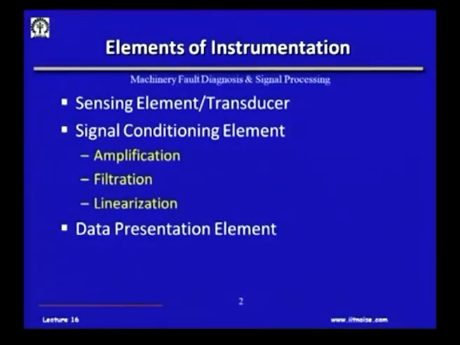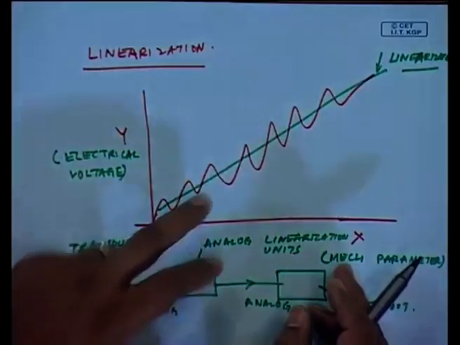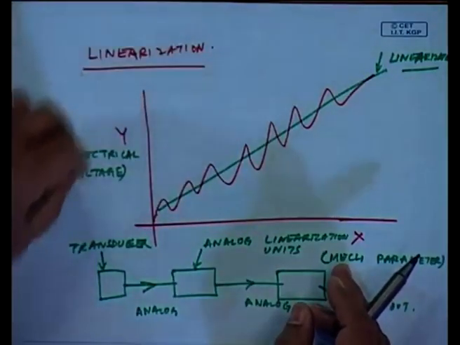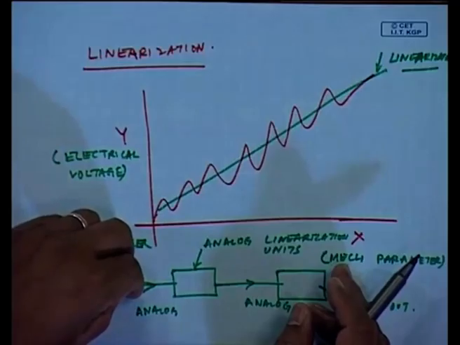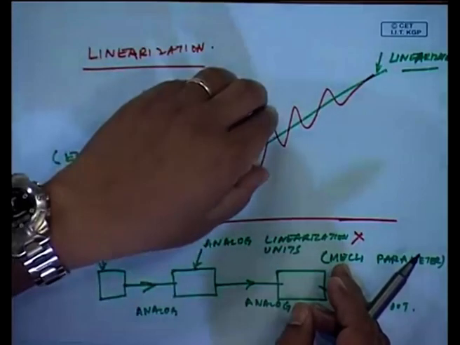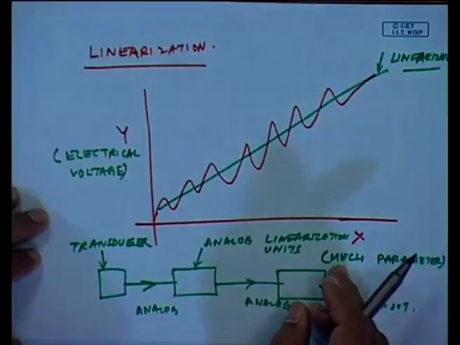How were people getting linear output out of sensing elements? They had to have some electronic hardware to do that. Okay. But gone are those days. Nowadays, I will just get the signal from a transducer by having a proper data acquisition, take it into the computer, put in a software, and get the linear output. Okay.